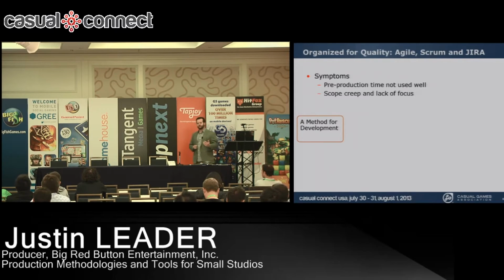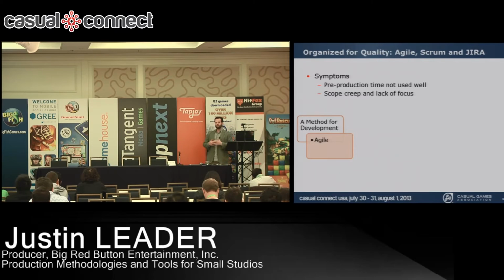What addresses this, and the main chunk of the solutions I'm going to talk about, is a method for development. The method is Agile. Agile is a set of principles and philosophies developed in the late 80s for software development. And it speaks to quality in uncertainty, and how to harness uncertainty and know that it's coming, and how to push against it and with it and build something.